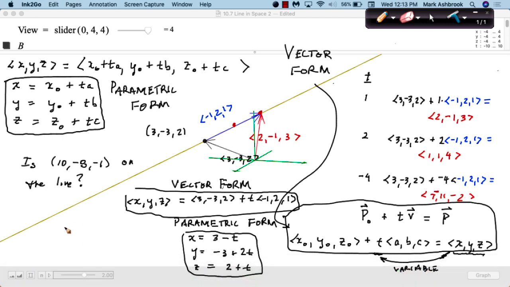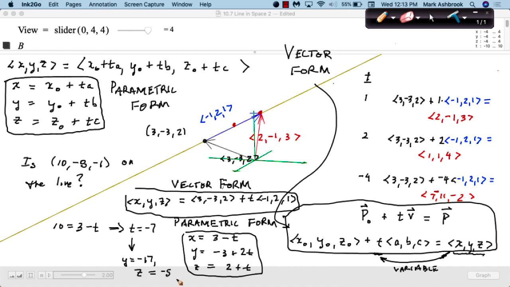So 10 equals 3 minus t gives t equals what? -7. So that means -7 better give us y as -8 and z as -1. Does it? No. t equal to -7 gives -17 and -5.